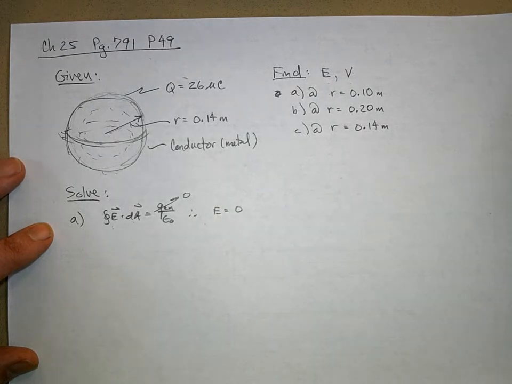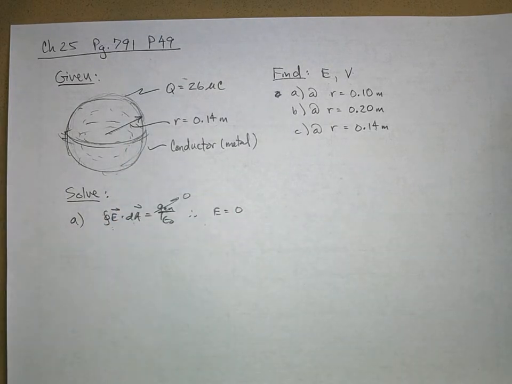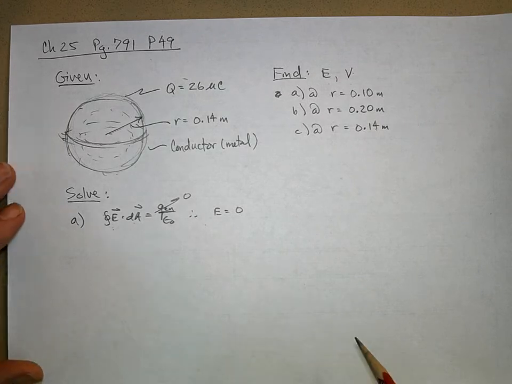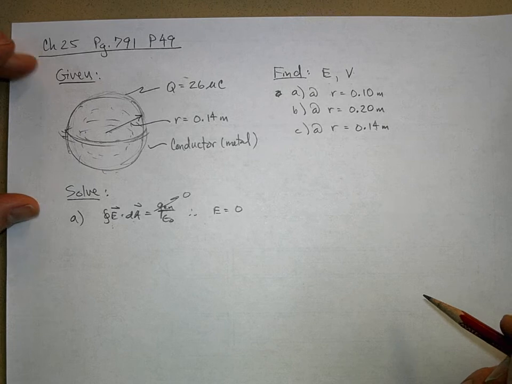Now what about the voltage though? And here's the part that really throws people off when they confuse electric field for voltage. The voltage in there is not equal to 0. Because here's what voltage is for a charge distribution like this.